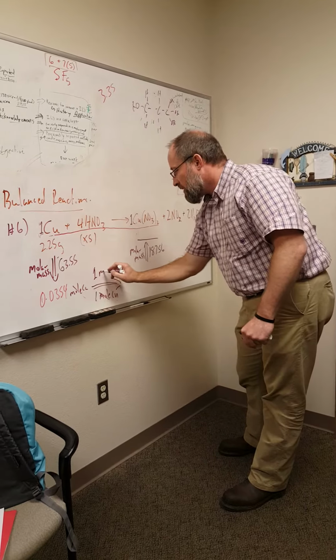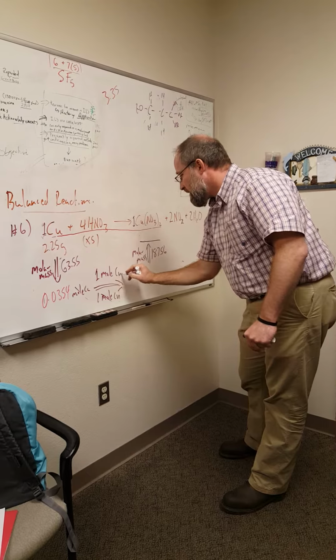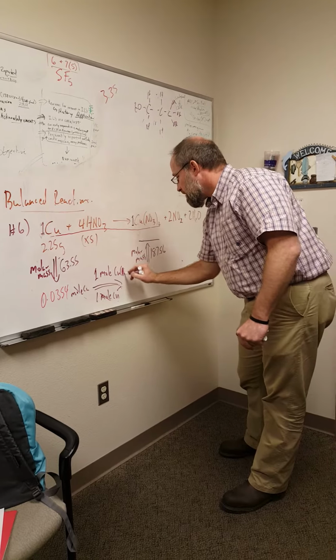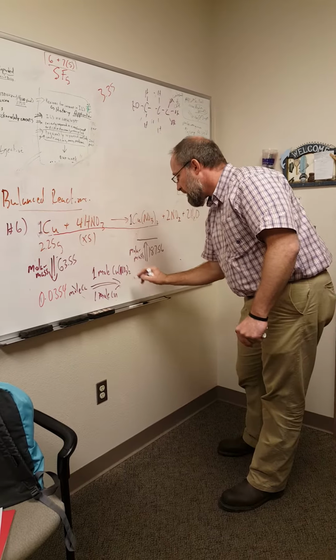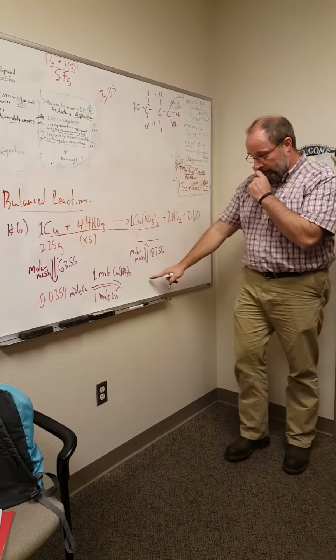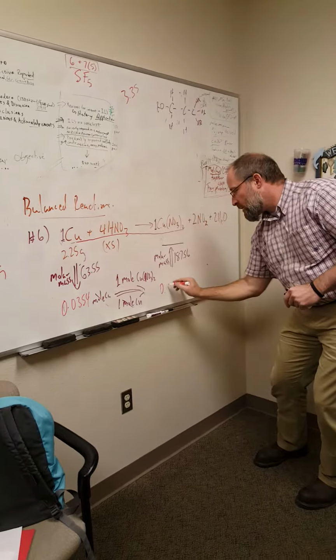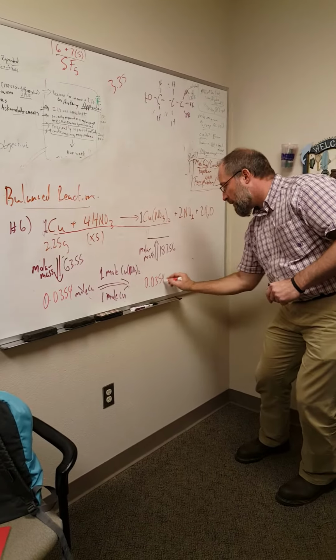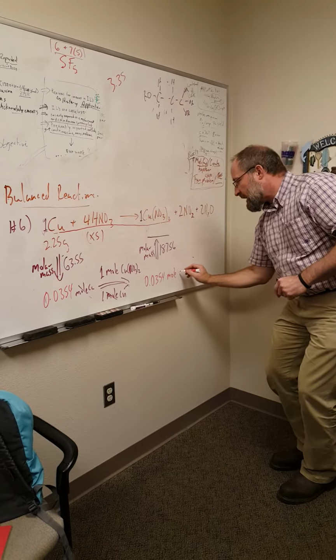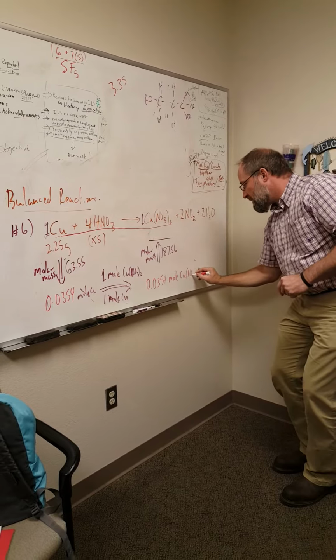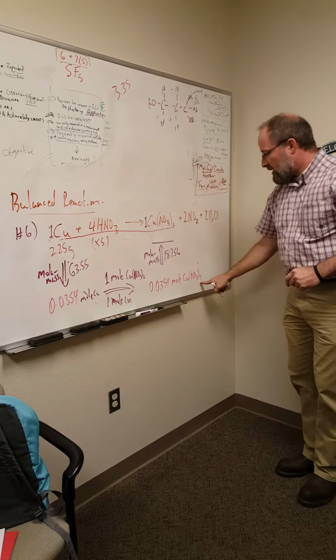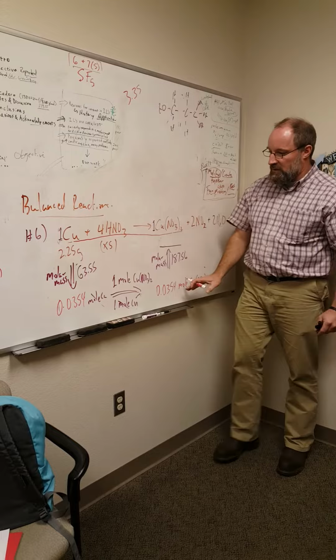So 1 mole of Cu in Cu(NO3)2, or copper nitrate. That gets us to, just keeping the number because it's 1-to-1, 0.0354 moles now of Cu(NO3)2, and I'll just go ahead and put the units there. So, copper nitrate. Okay, this is mole level.